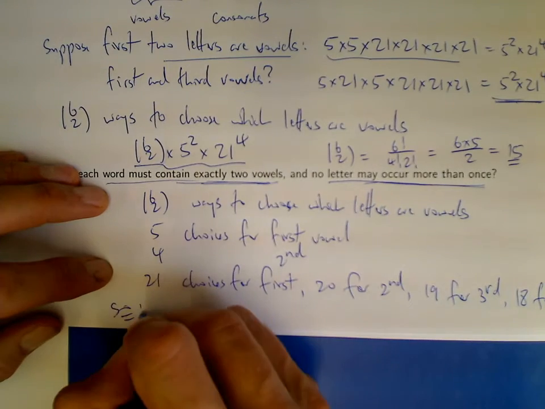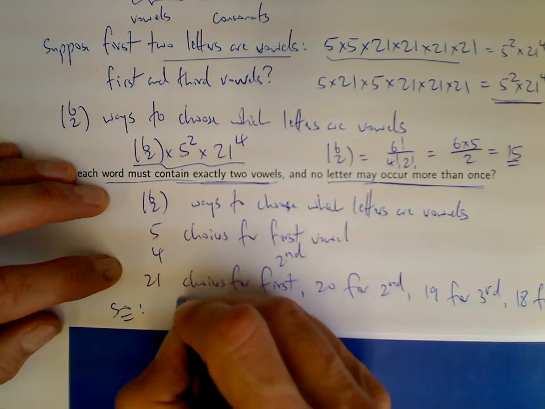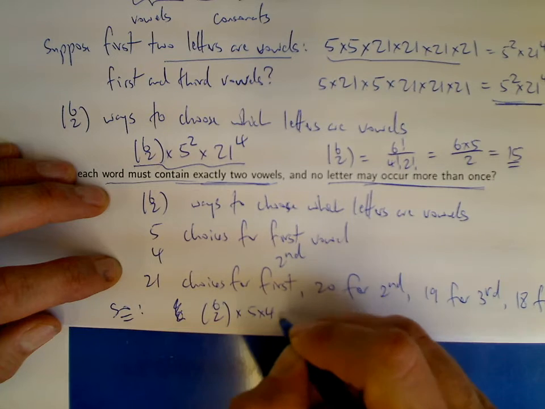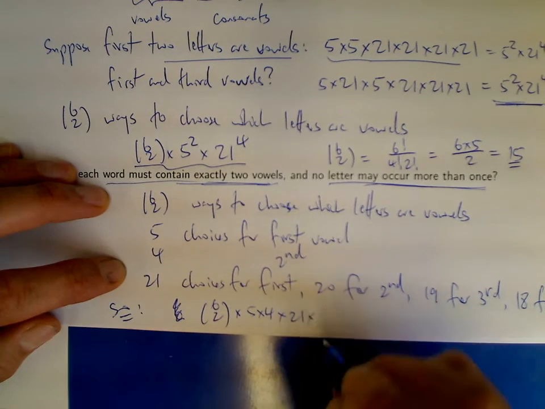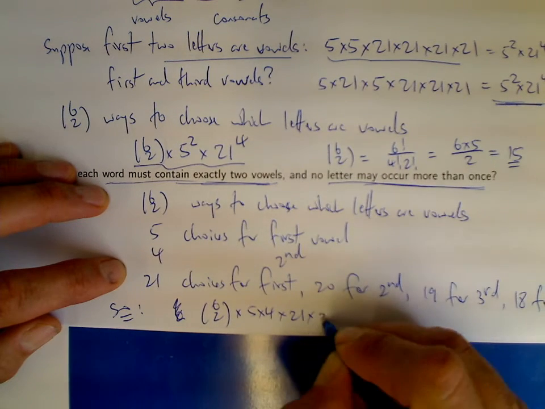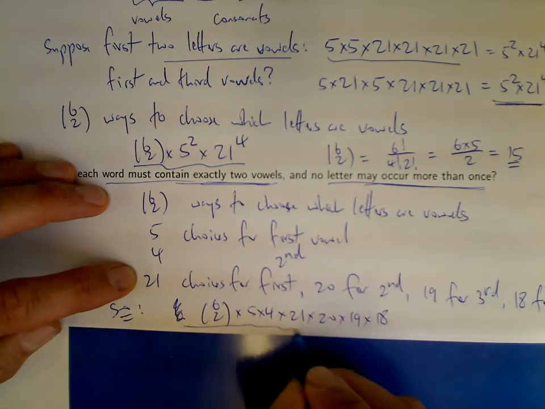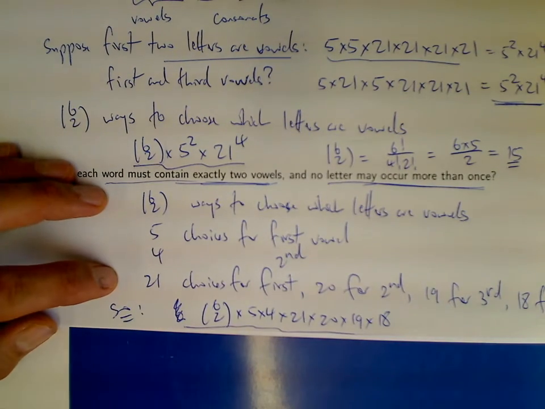So our answer is going to be 6 choose 2 times 5 times 4 times 21 times 20 times 19 times 18. So that's how we answer that question.